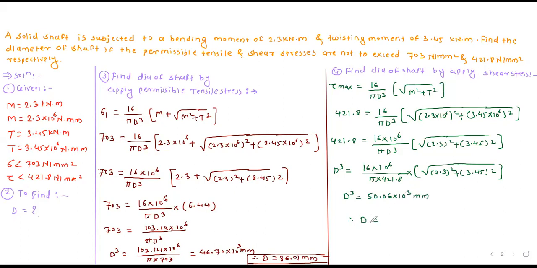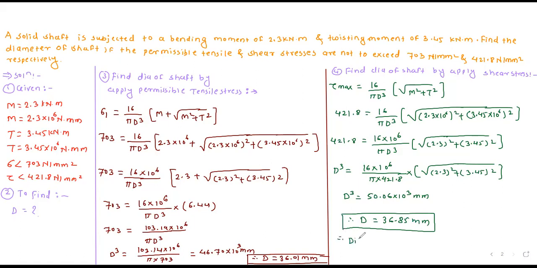And then d is equal to the third root of this answer, 36.85 mm. So this is the diameter of the shaft.